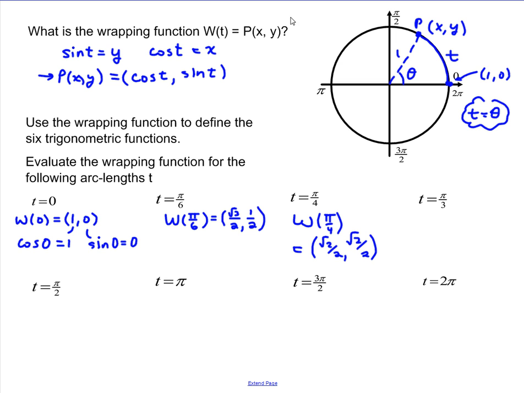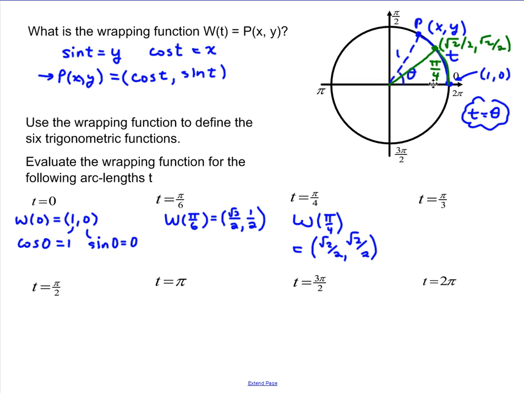If you're looking at this unit circle, you can almost think of it this way. If we pick a point like an arc length of pi over 4, it is associated with a coordinate point at square root of 2 over 2, square root of 2 over 2.